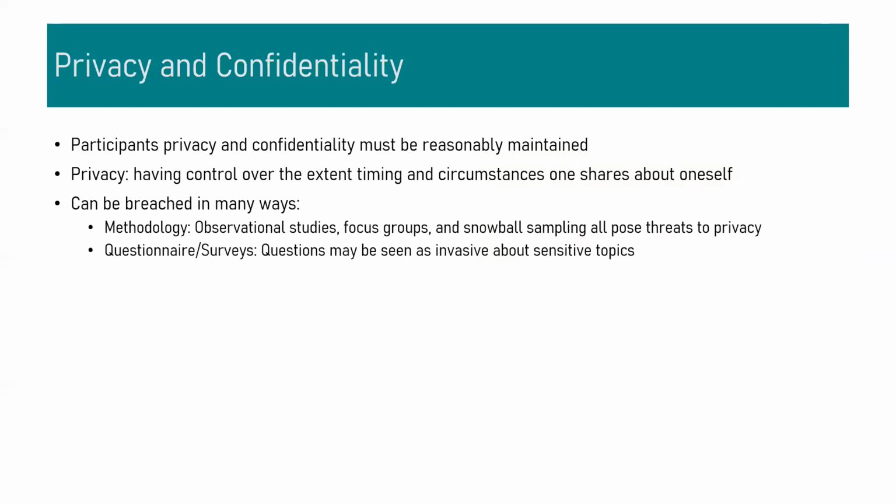But one of the most common rules in reviewing this is that the privacy and confidentiality of the participants must be reasonably maintained. This means that researchers have an obligation to give the participant control over how much information they share, or privacy, as well as protecting the information that the participants do disclose, so confidentiality.